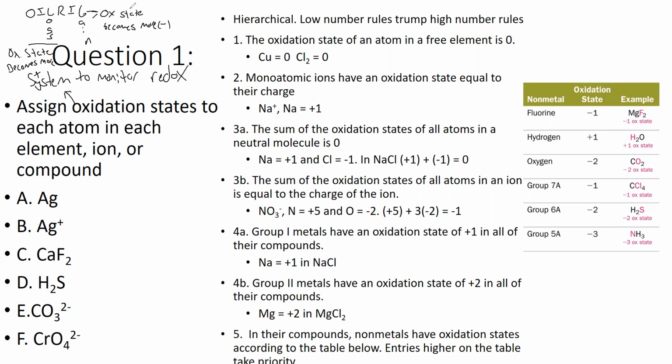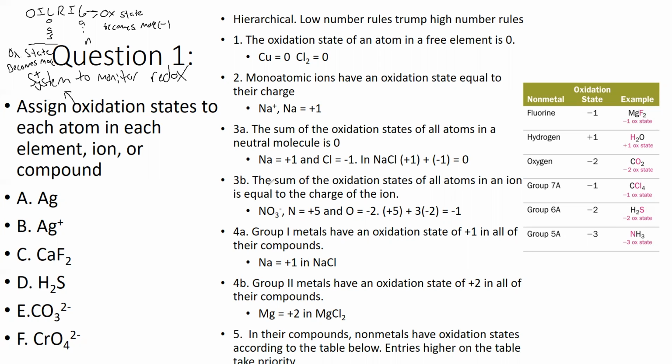The first thing we need to learn, though, is how to assign oxidation states. We have to learn how to put these oxidation states onto elements. And we have 5 rules. In reality, it's what, 7 rules, because 3 and 4 both have A and B's.